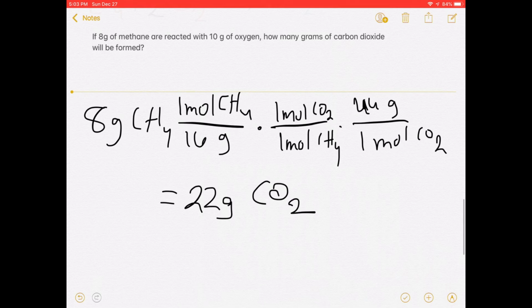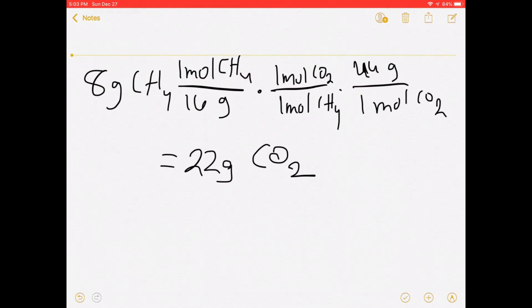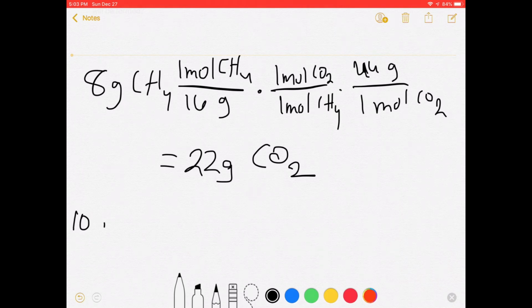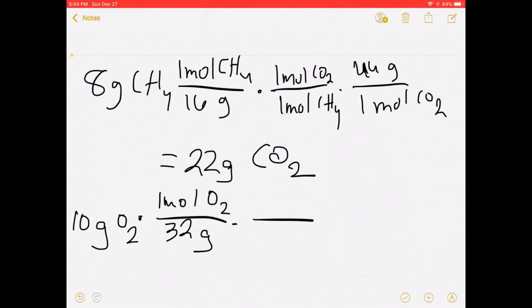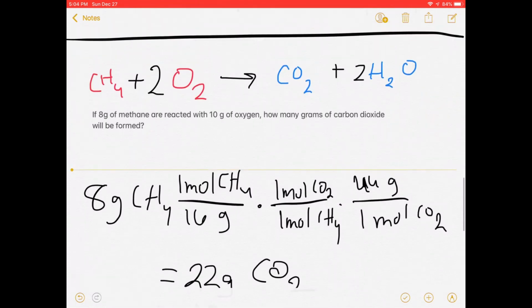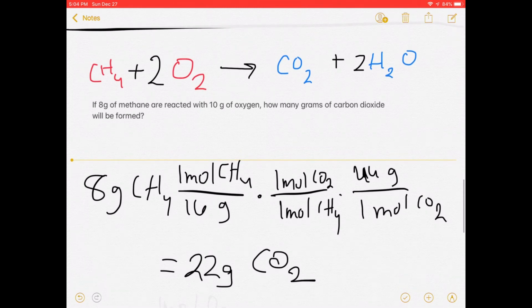So that's the first amount of product that we get for our first reactant, 8 grams of methane. Now we need to do another dimensional analysis for the 10 grams of oxygen. So let's go ahead and do that right here. We have 10 grams of O2, and we need to, at the end of this dimensional analysis, get grams of carbon dioxide. So 10 grams of O2, we need to go to moles of O2. 1 mole of O2 is approximately 32 grams. Then we need to go from moles of O2 to moles of carbon dioxide. In the reaction above, for every 2 moles of O2, we get 1 mole of carbon dioxide.